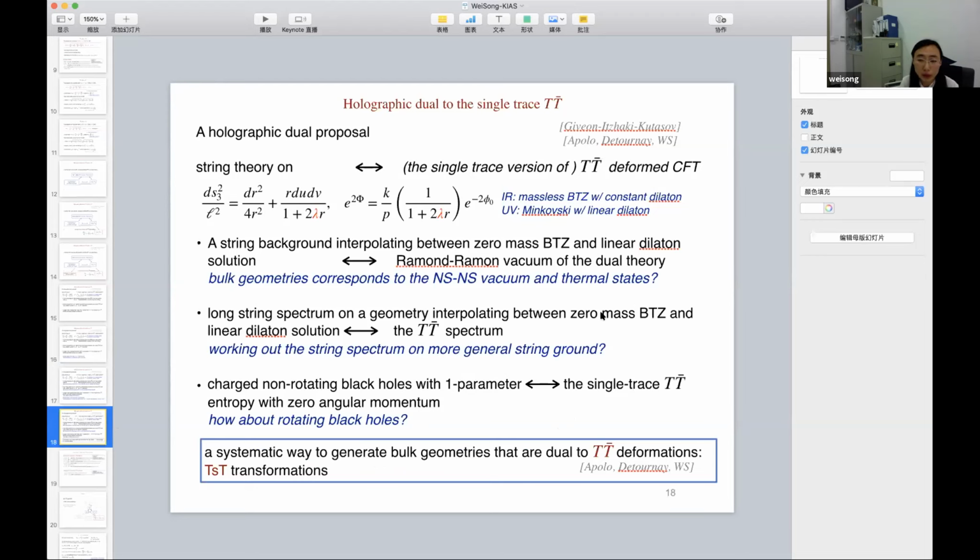In particular, I have a question. Can I ask a question? Here, under this TTbar deformation, is the supersymmetry preserved or not? In general, it's broken. I see. Thank you.